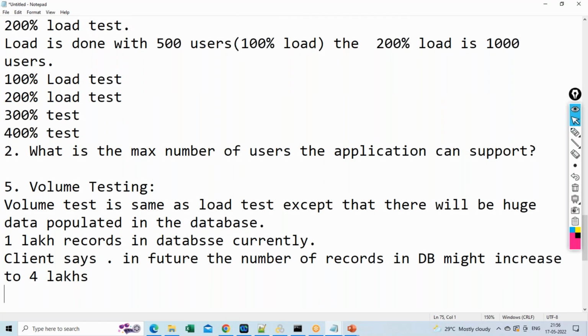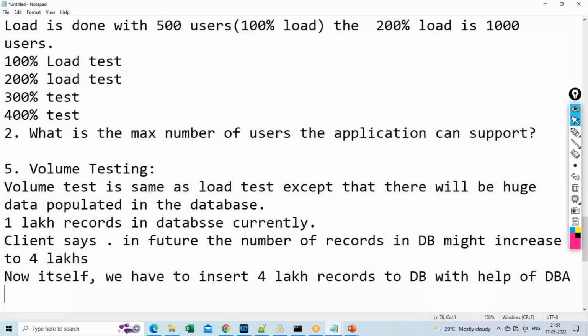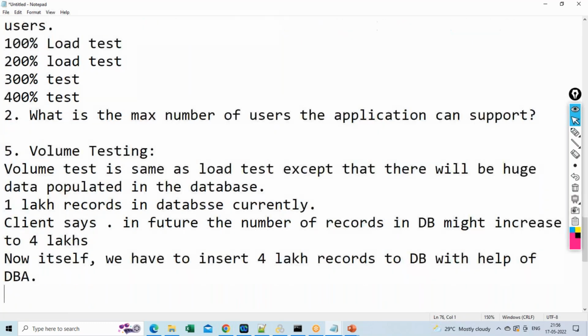Now itself, we have to insert those 4 lakh records into database with help of DBA, database administrator, or any database techie guy. Obviously every project will have a database team and we will have support from there. So we can discuss with the application team or the development team and the database team and get it done.